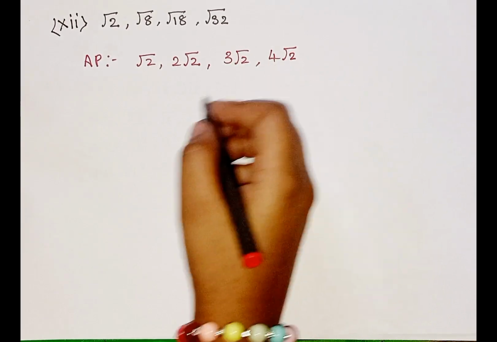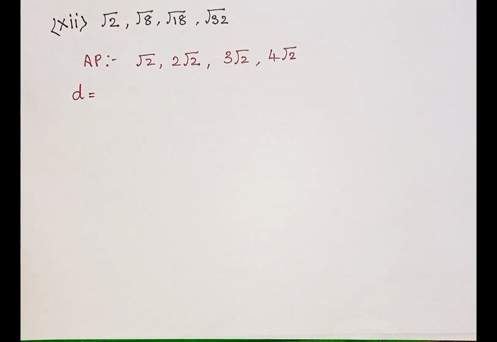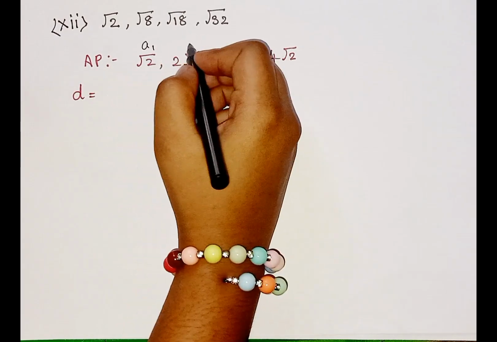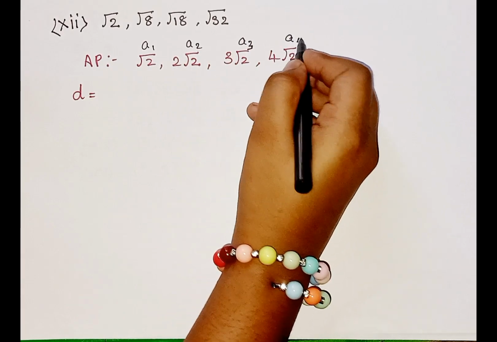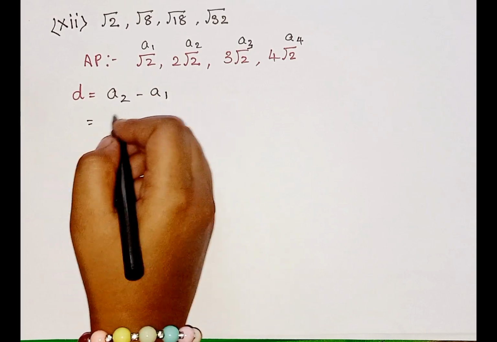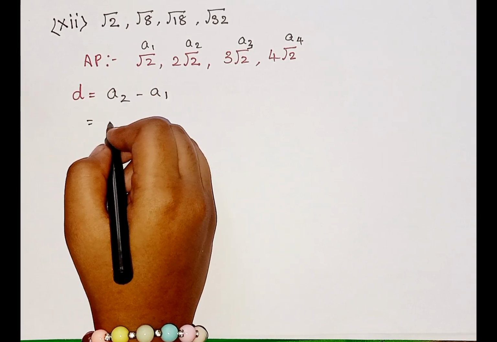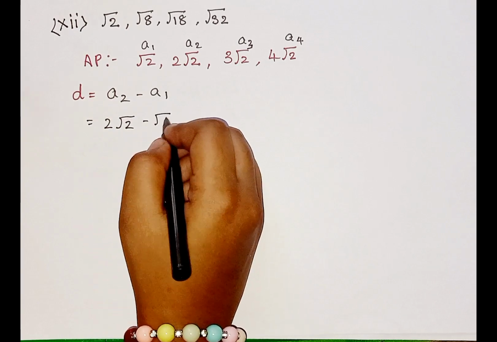Alright, now let us find the d value. This is going to be A1, this is A2, this is A3 and this is A4. So A2 minus A1. The A2 value is 2 root 2 minus the A1 value, root 2.